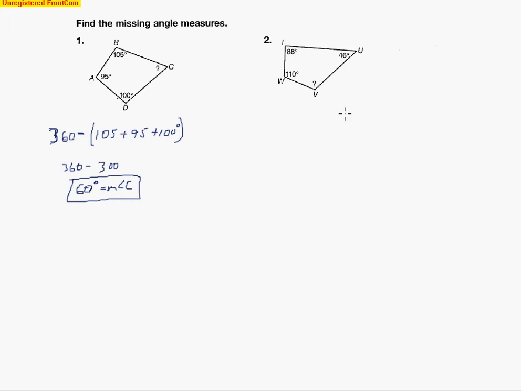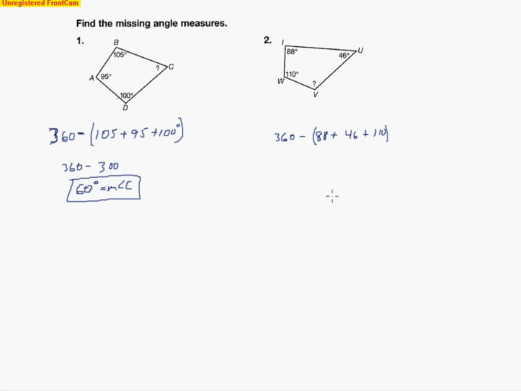Let's take a look at the next one. Now I've got 88 degrees plus the 46 degrees, and then I'm also going to add on the 110 degrees. I'm taking all of those numbers and adding them up, and the sum is a value that I'm going to take away from 360 degrees.